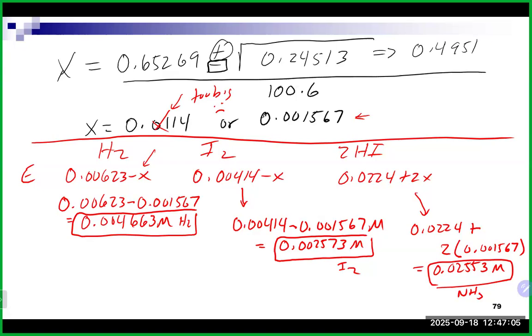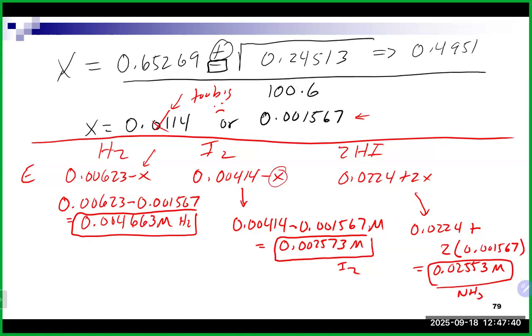Other questions? All right, so we've seen a perfect square way of solving. We've seen a couple quadratic ways as well. There are a couple other ways to solve these type of problems, which we will talk about next time. One way that we will not do is known as successive approximation. Sometimes books like to solve problems that way. Essentially, you know that the X value has got to be smaller than the number in front of it.